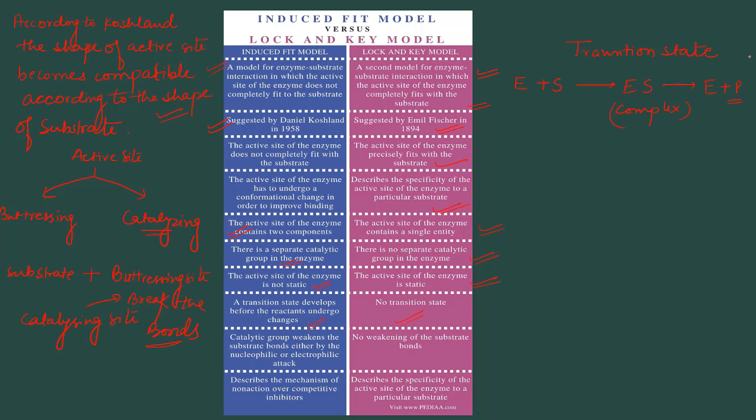There is no transition state in lock and key mechanism, but there is a transition state in the induced fit model. The catalytic group weakens the substrate bonds by nucleophilic or electrophilic attack. In lock and key there is no weakening of the substrate bonds. So the catalytic group helps to weaken the bonds of the buttressing site and the substrate by nucleophilic or electrophilic attack. Understood?